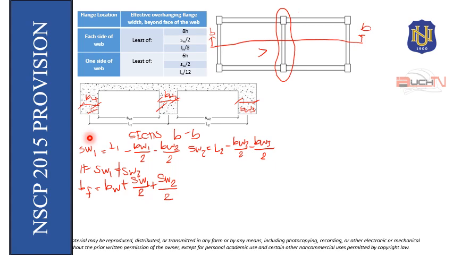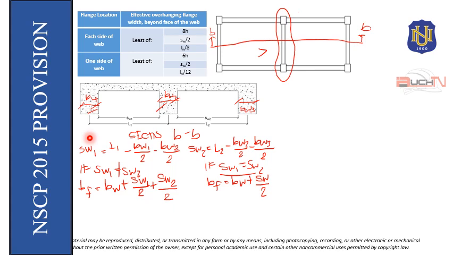So, valid lang yung interpretation ng code if meron pang isang condition, SW sub 1 is equal to SW sub 2. So, ibig sabihin, ang B sub F natin for this condition is equal to BW plus SW divided by 2. Kasi nga, equal yung dalawang clear distance to the next web.